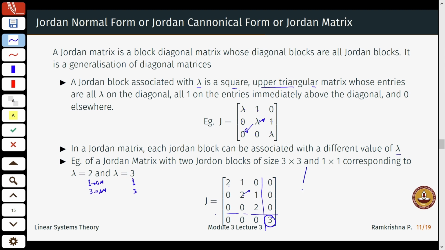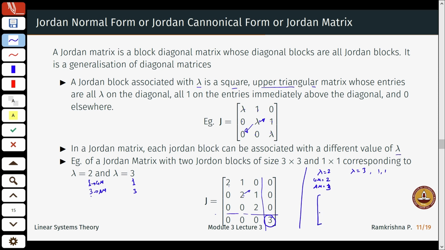You can ask: what if I still have lambda equal to 2 and lambda equal to 3, and lambda equal to 2 has a geometric multiplicity of 2 and algebraic multiplicity of 3, while lambda equal to 3 has algebraic multiplicity 1 and geometric multiplicity 1. It is the same as before, but I increase the geometric multiplicity by 1.